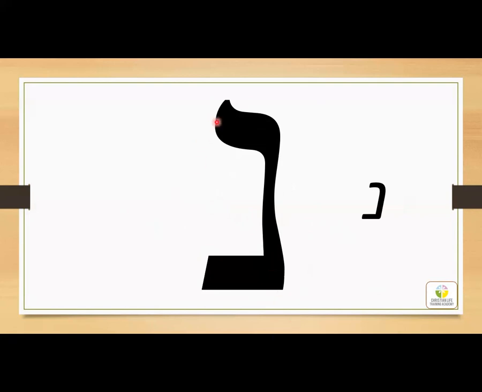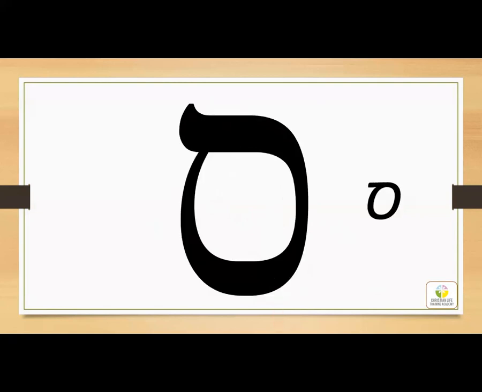Okay, that's why that's the final Nun. Samech. Samech. It must be a ch, not a k. Samech. Try and say. Okay. It just takes a bit of learning and then we get it right.